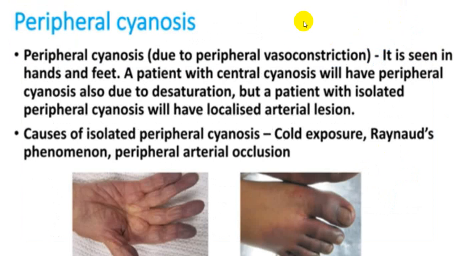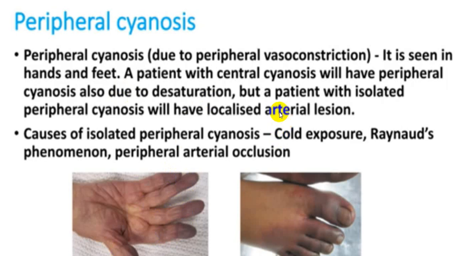So when you describe peripheral cyanosis, it is very frequently because of peripheral vasoconstriction, and this peripheral vasoconstriction is in the exposed parts. That's why it is commonly seen in hands and feet. And a patient with central cyanosis will have peripheral cyanosis because of desaturation, because there will also be desaturated blood circulating in the periphery.